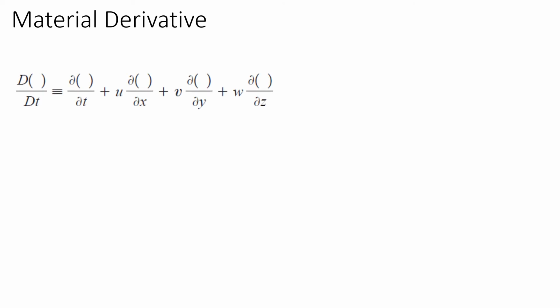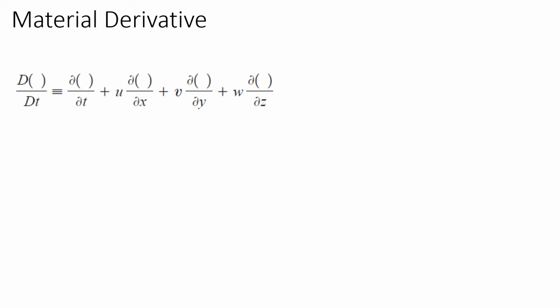After defining our flow descriptions, the Eulerian and the Lagrangian flow descriptions, we derived the material derivative. The material derivative is basically this equation which helps us to find the local and convective change in a system of fluid for any property.